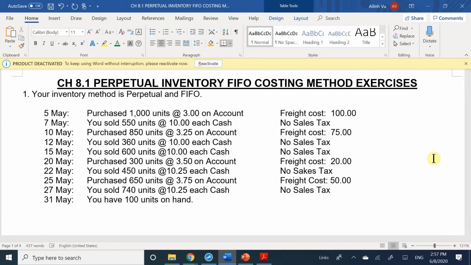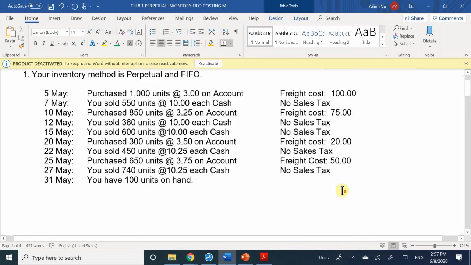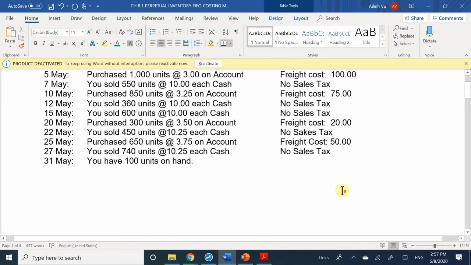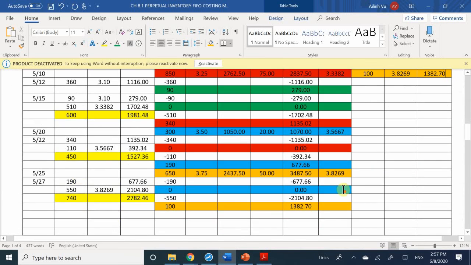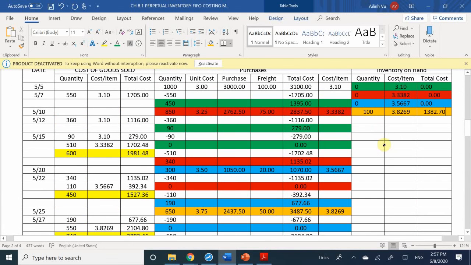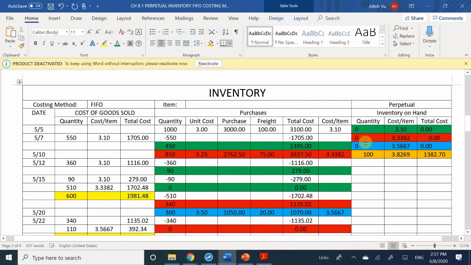Go ahead. What's the real difference between FIFO or LIFO and weighted average? There isn't much difference, except when you're calculating it here, instead of doing it by green, red, blue, and then orange, it could be red, green.